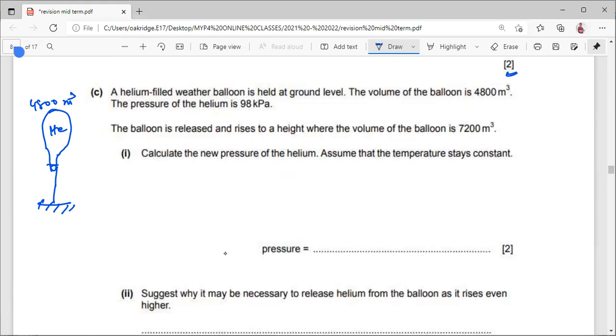The pressure in the balloon is 98 kilopascals. Okay. The balloon is released. You cut it, it goes upwards. Okay. So it goes upwards over here. Right. Then it rises to a height where the volume of the balloon is 7,200 meter cube. Oh my God. How did it increase? Calculate the new pressure of the helium.